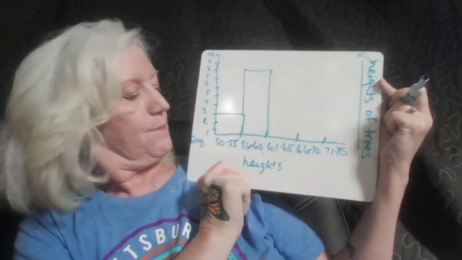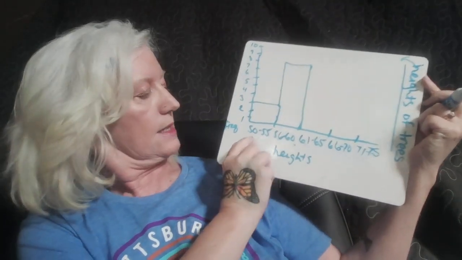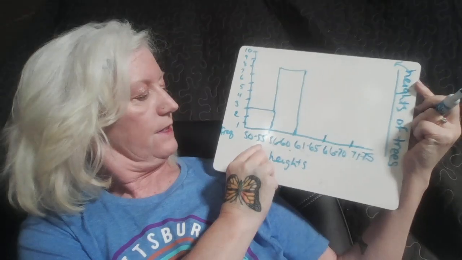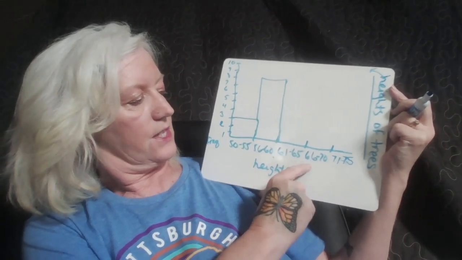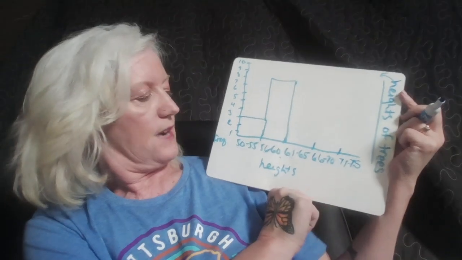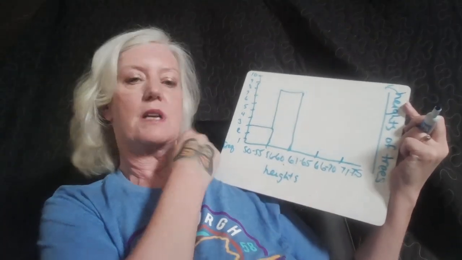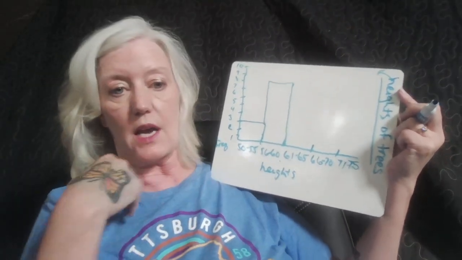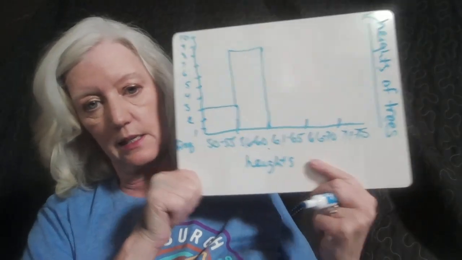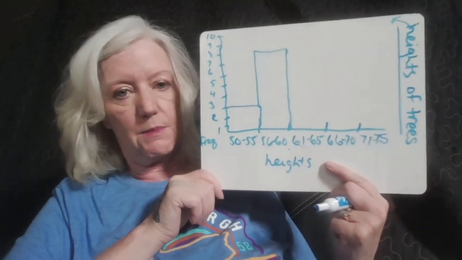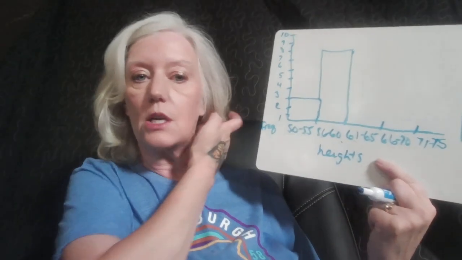We don't want to overlap them, so it's got to be 50 to 55, then 56 to 60, then 61 to 65, 66 to 70, and 71 to 75. I could stop this video and remake it so it shows that I didn't make any mistakes, but that's silly because, as you know, I do make mistakes like anybody. So it's all about checking your work.